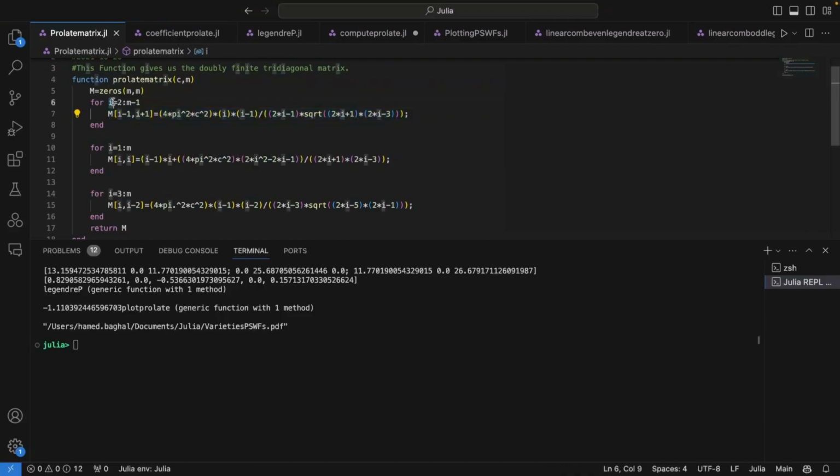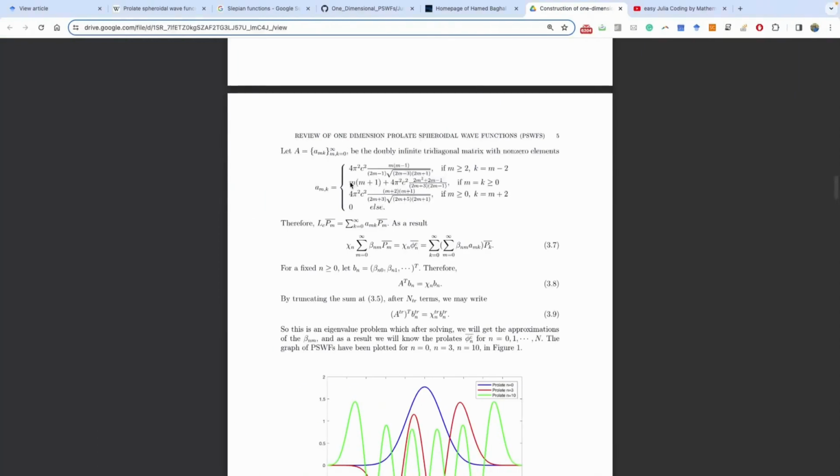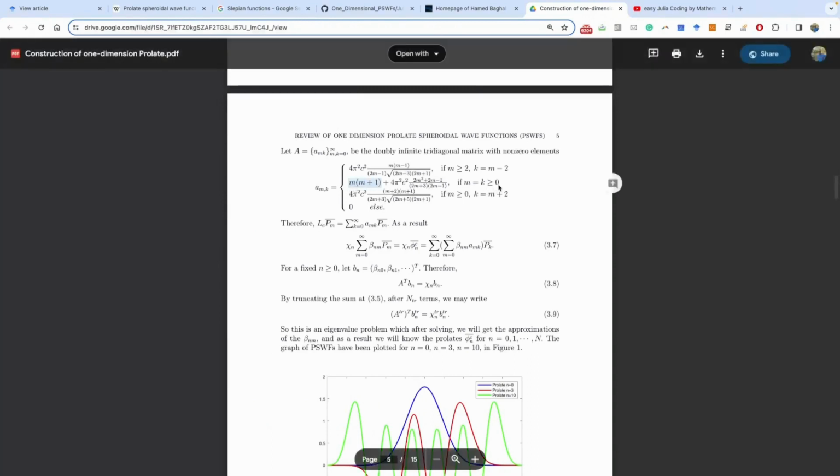You should be careful about i equal 2, and you should be mindful that in Julia the indices start from 1, just like MATLAB, unlike Python or SageMath, which start from 0. For example, it affects the main diagonal. It is easy to explain the main diagonal. You see that i equals 1. As a result, if I go here, you see m times m plus 1, where m starts from 0.